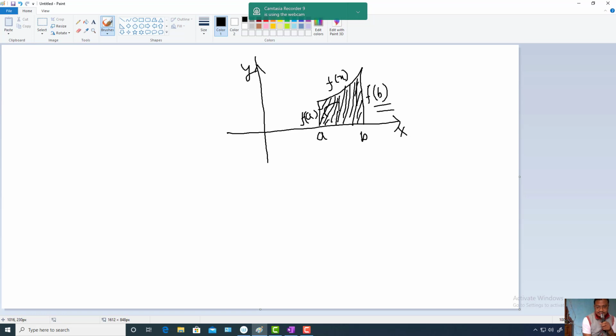This is the shaded region. The area is equal to the integration from a to b of f of x dx. So the area of the shaded region is given by this definite integral, the integration from a to b of f of x dx.